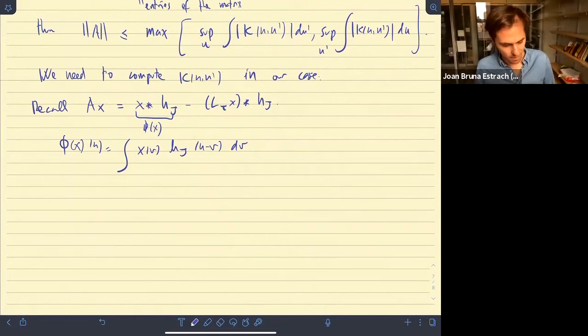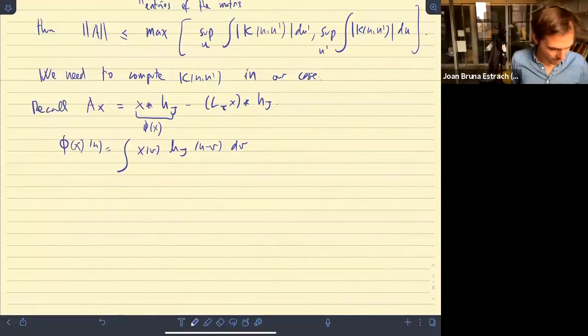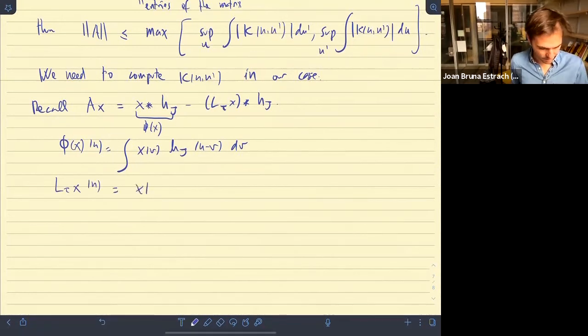really this object, it's directly the filter. But in coordinates, remember what tau of X at u is. This is just X of u minus tau of u.